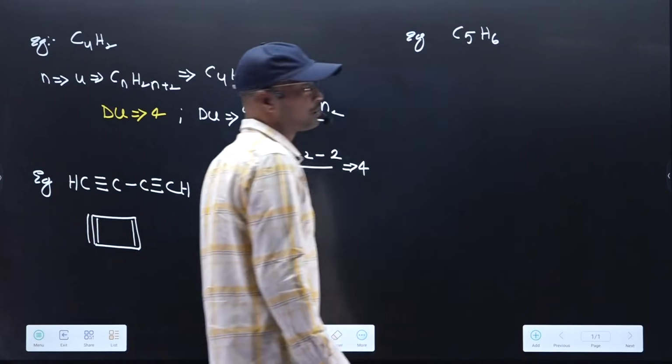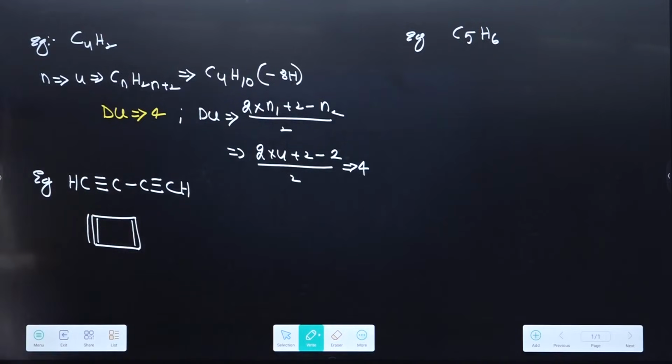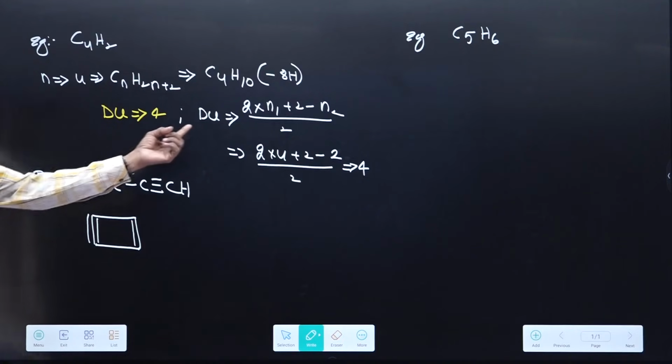C5H6. What is the DU of C5H6? You can use even this formula directly.